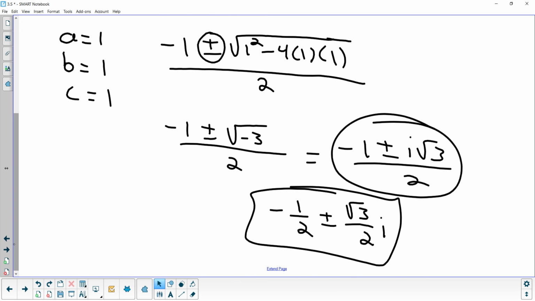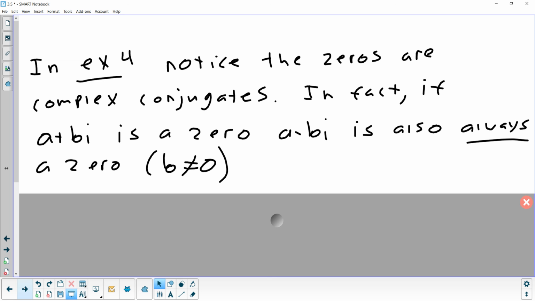So when you're finding roots and you get an imaginary answer, I said they always come in pairs. More specifically, they always come in conjugate pairs. So what that means is if they tell you in a problem, 2 plus i is a root.